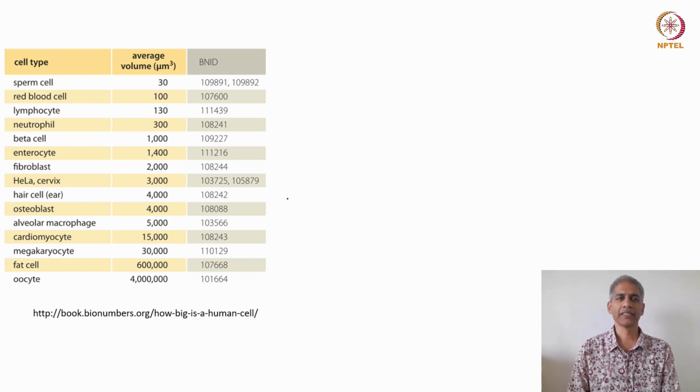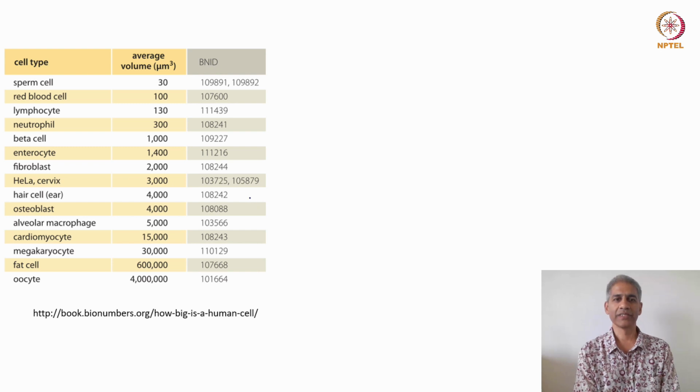And shown here, what's interesting to me is in this table, the smallest cell is the sperm cell with an average volume of 30 micrometer cube. And the largest cell is the human egg or the oocyte with a volume of 4 million micrometer cube. So the difference in these two cell sizes, which fuse to make up all of us, is almost 5 orders of magnitude.